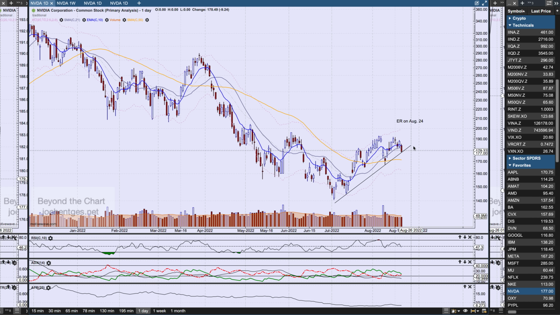And we have earnings coming out here on NVIDIA on Wednesday, August 24th. So that's going to be really, really interesting to see. What do they say in terms of their earnings, or their outlook, etc.? And right now, this is looking and acting like all the other big boys in the semiconductor area. So I don't know. It doesn't look all that great. We'll see what kind of follow through we get this week.